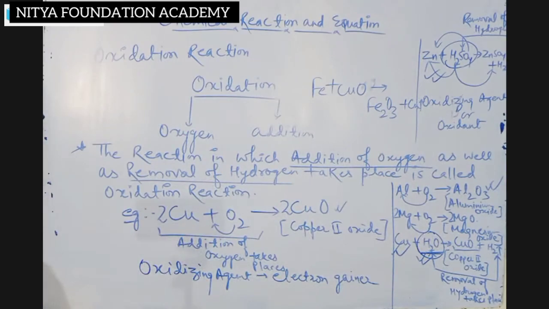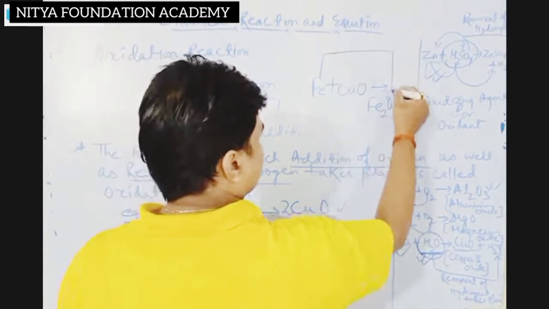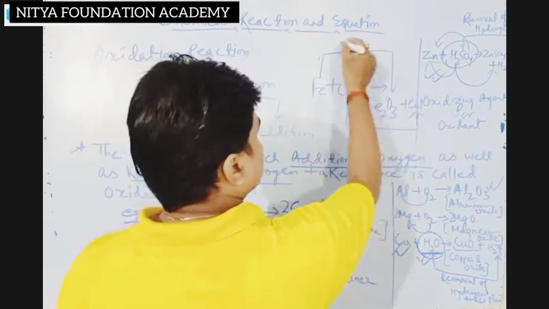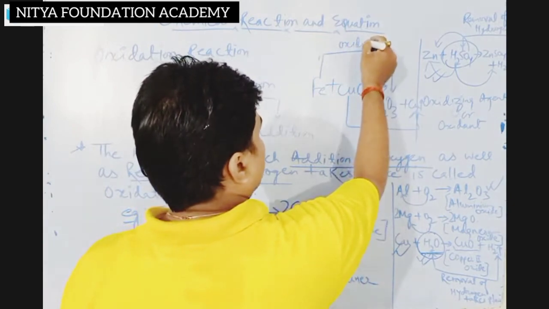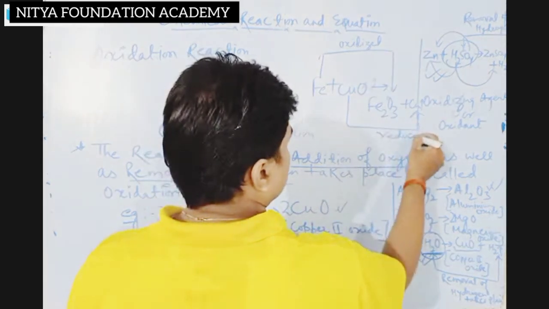So here you can see that the iron gets oxidized and copper gets reduced, okay.